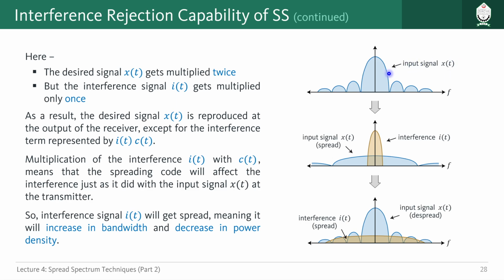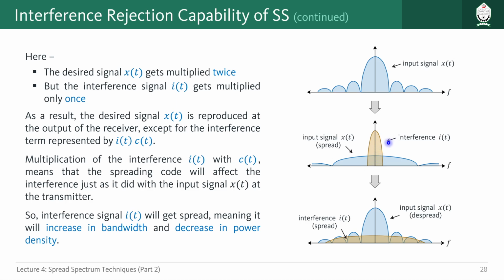So this blue signal is our input signal x of t with original bandwidth shown here. After the spreading process, what will happen? Our input signal will have a much broader spectrum, but at this channel, this interference I of t will be added with this one, with this amount of bandwidth.